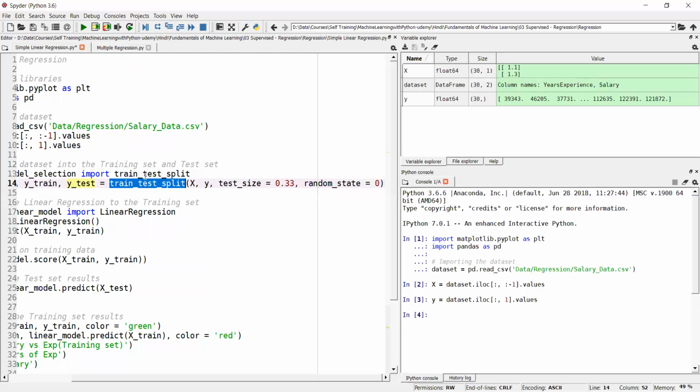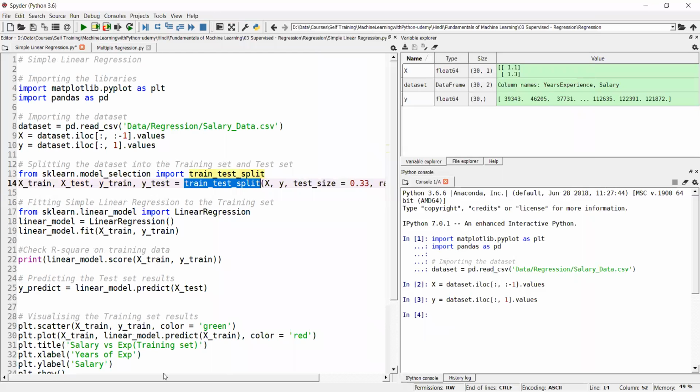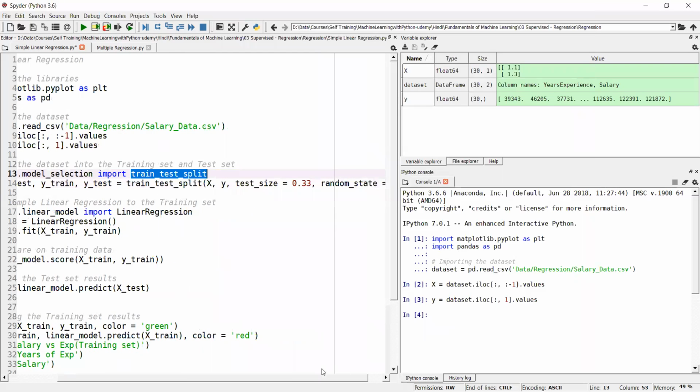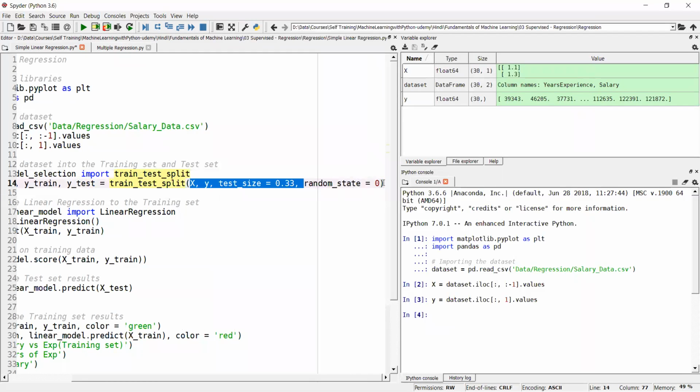I am using the module train_test_split from the library sklearn.model_selection. I am giving X, the independent variable, the feature. The second is your dependent variable, the one which you want to predict. And test size you need to mention.